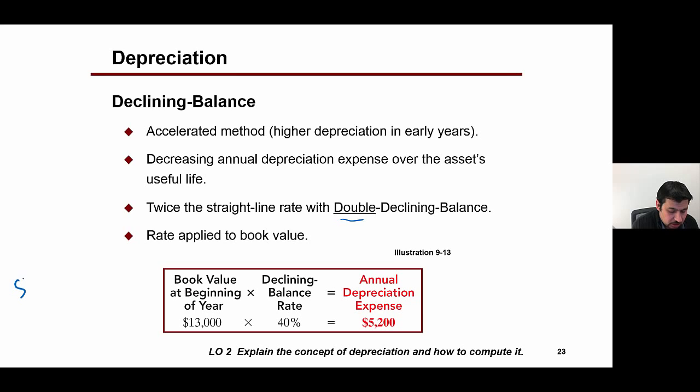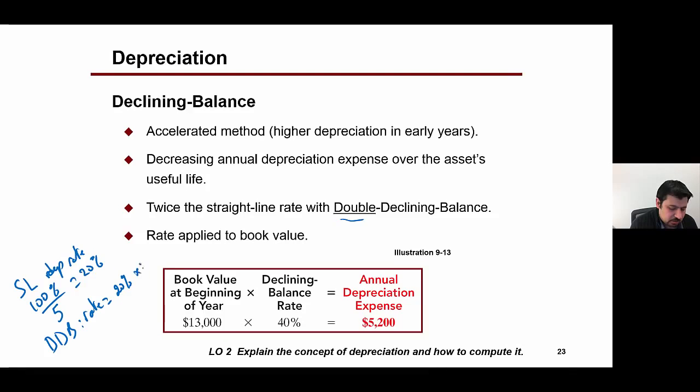For the straight line method, we calculated the depreciation rate as 100% divided by 5, which is 20%.